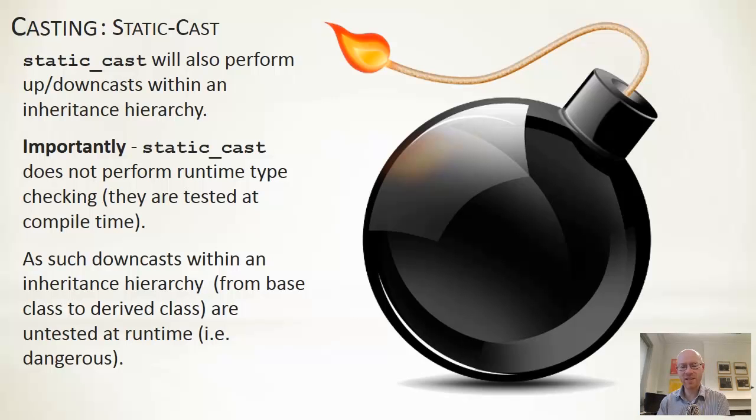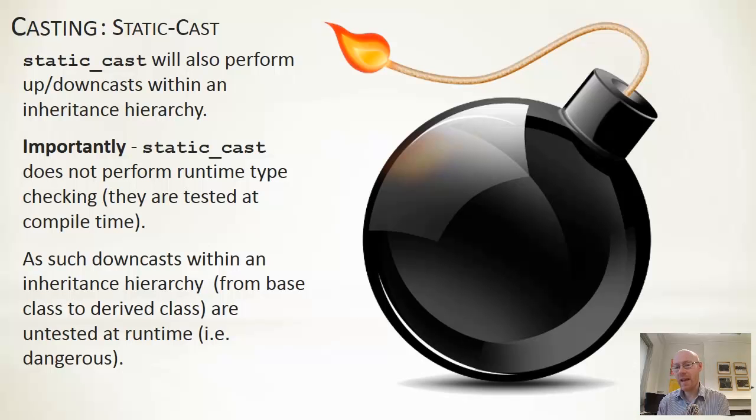So downcasts are untested at runtime. It just assumes it must be safe to do this here because it was specified by way of compilation. So it is potentially dangerous. Dynamic cast is our safe way of doing this. So dynamic cast is a runtime check.